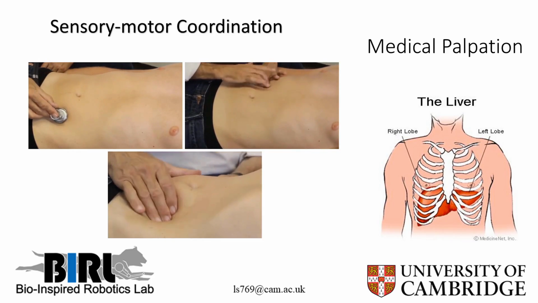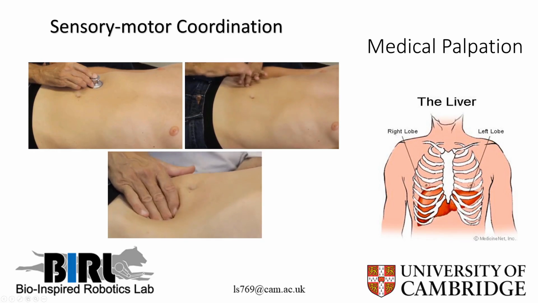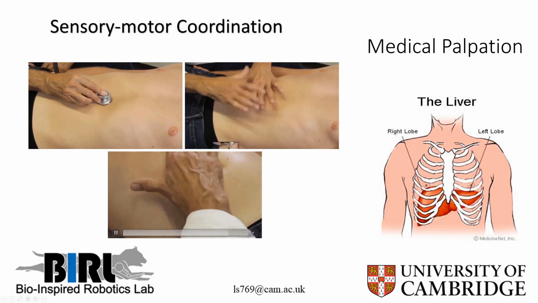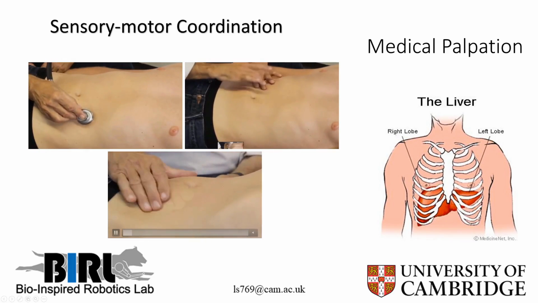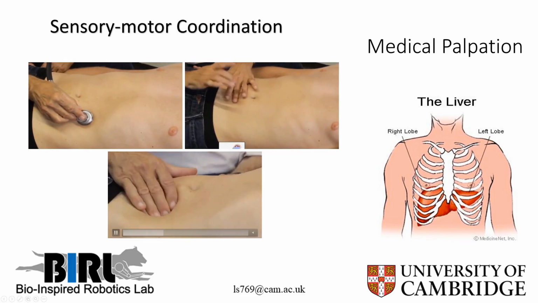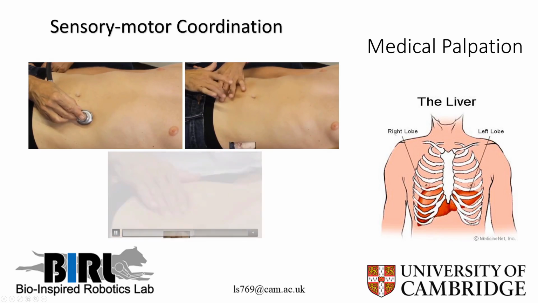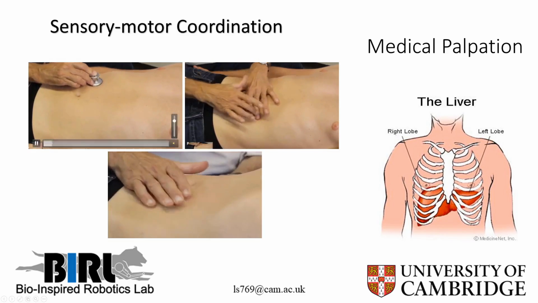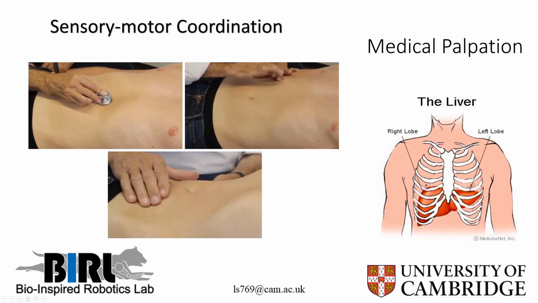So in this case, the filtering is done not only by the sensing apparatus, which is a tactile sensor, but also by action, the trajectory of the hand as it moves over time, which is capable of retrieving more information than if it was stationary, for example.